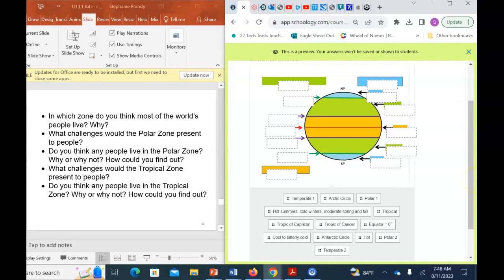People do actually live in the polar zone, mainly in Alaska and areas of Canada. There's some people that live in Greenland. Iceland is cold. Now, when you get to the southern polar zone, where Antarctica is, you don't really have a lot of people living there.